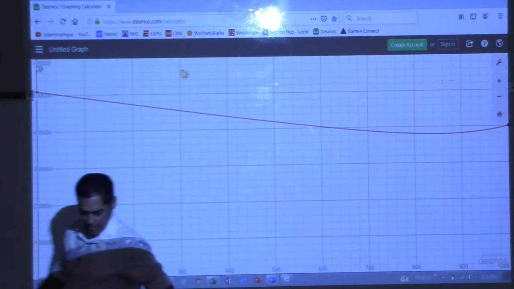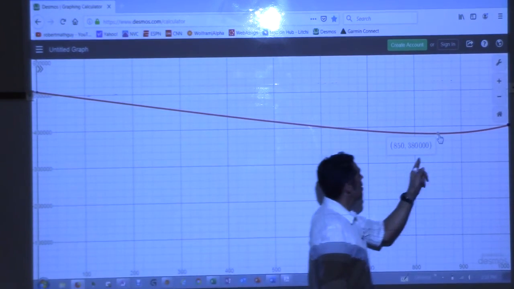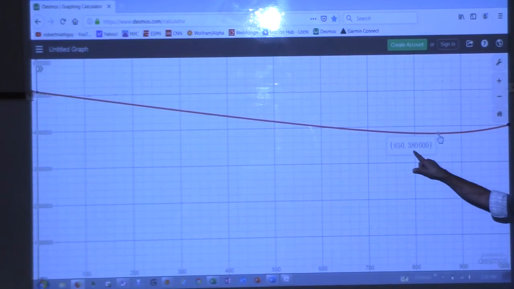What is it? Well, I can tell you right now, it's 850. At 850 feet downstream, we will get the lowest point on the graph, and it will cost us 380,000. That's the cheapest we can do it for.